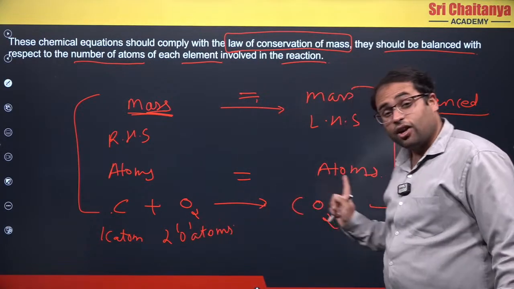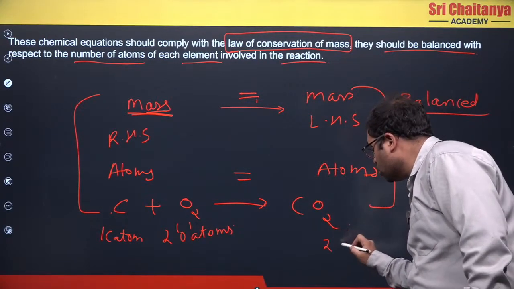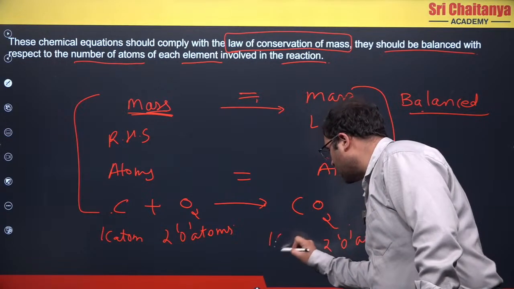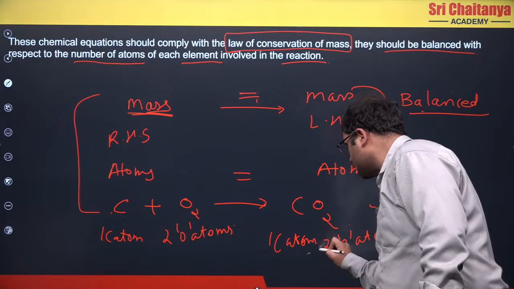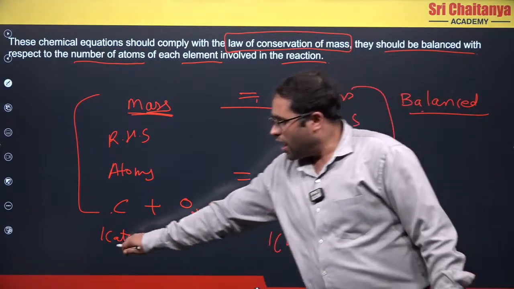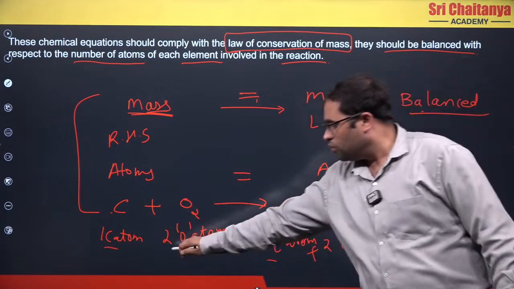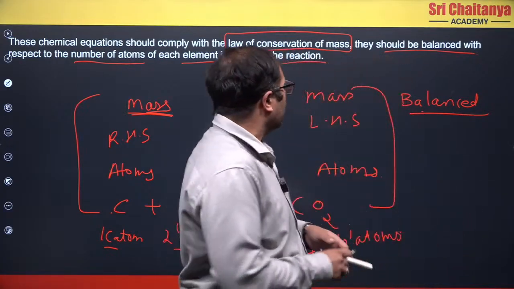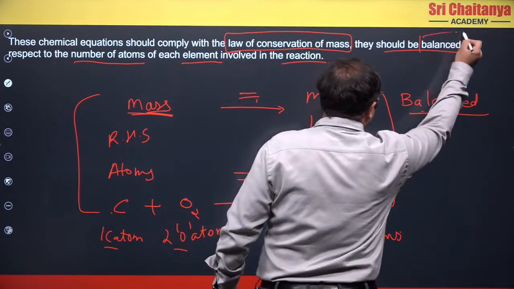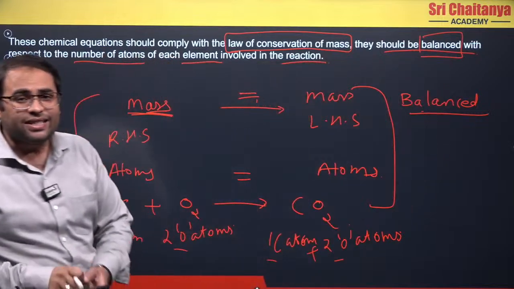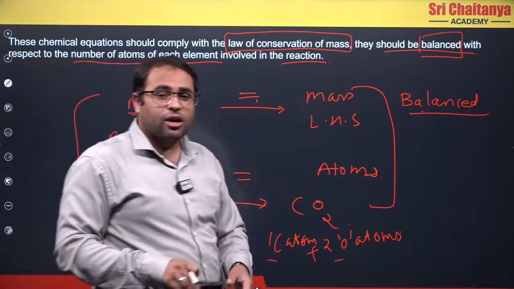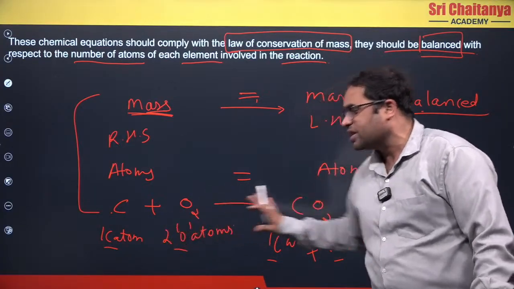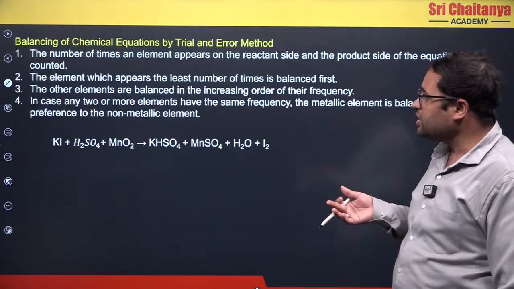So here also I should have two O atoms and one carbon atom, right? So one carbon here, two O here, two O here. So when you balance a chemical equation, what does this word balanced mean? Balanced means that atoms of different kinds should be the same in number on both sides of the equation. So you have to just do that.